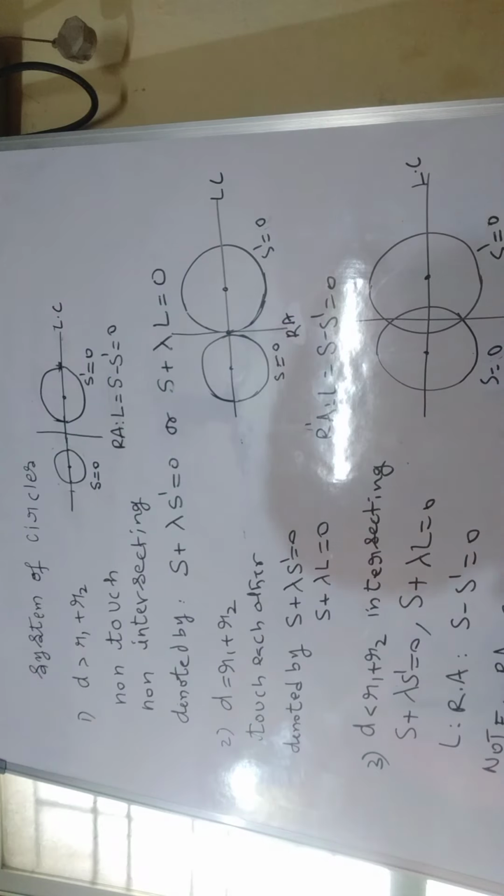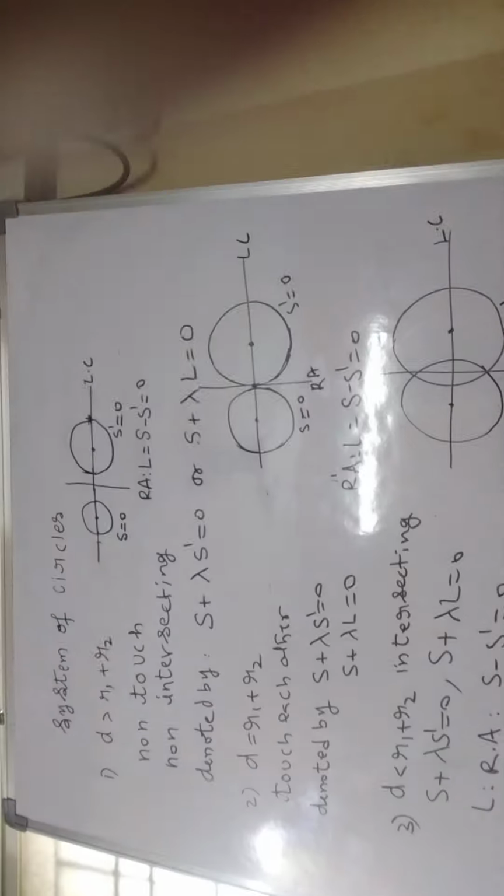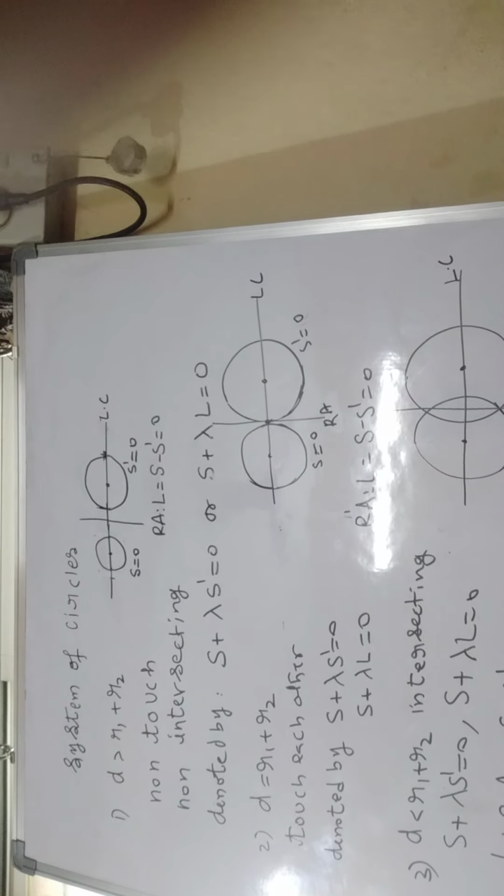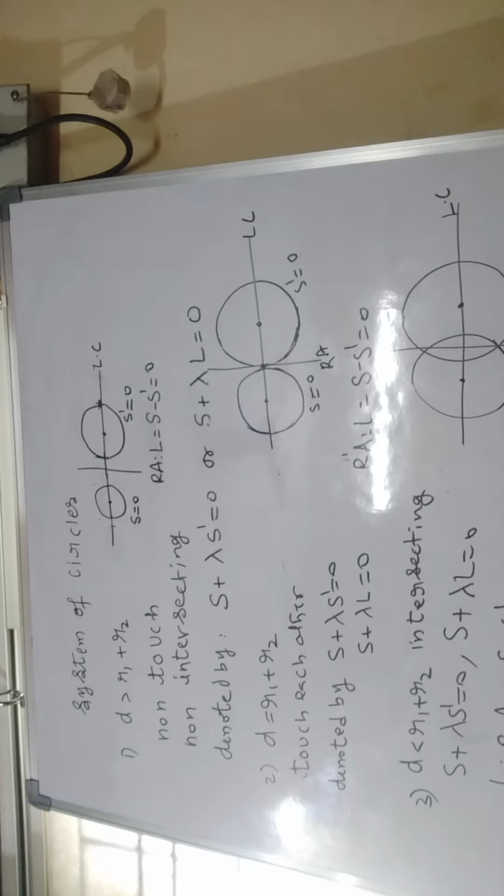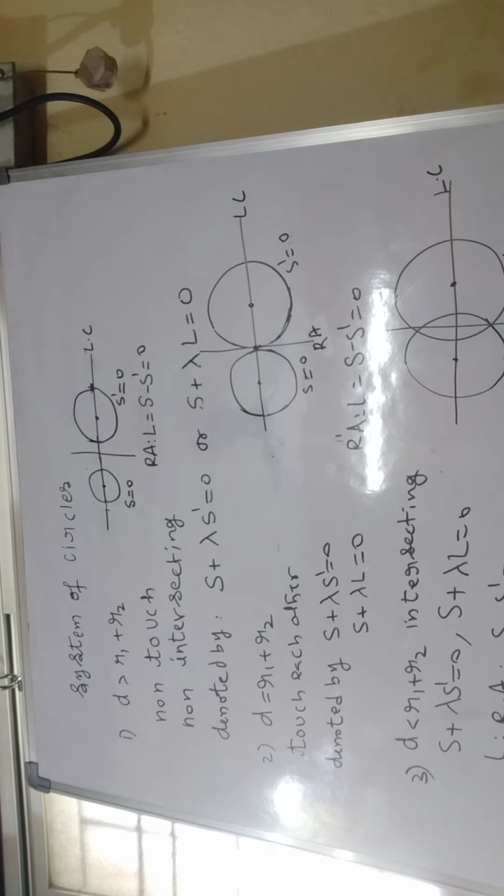Very clear. So here there are three types of system of circles. One is non-intersecting, non-touching. That is, the distance between center to center of the circles is more than the sum of the radii.